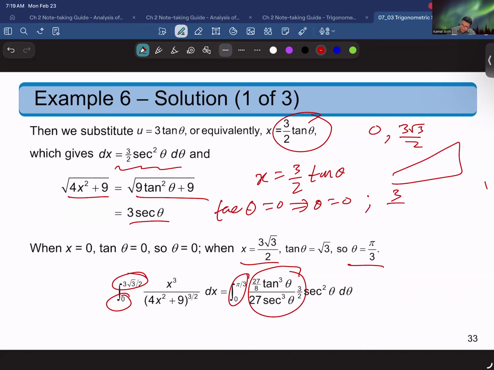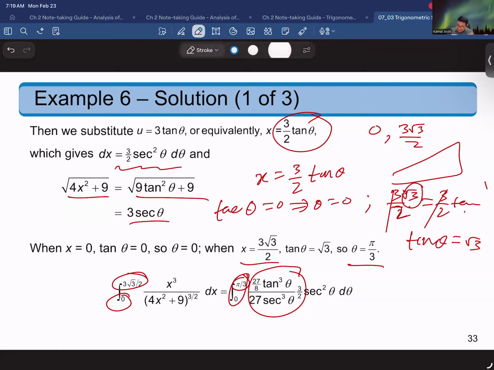If you replace x equals 3 root 3 over 2 equals 3 over 2 tan theta, you get tan theta equals root 3. And that is 60 degrees, which is pi over 3. And your limits are from 0 to pi over 3, as it is given here.